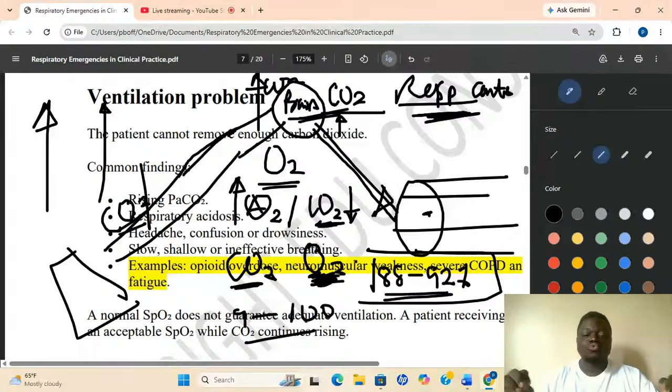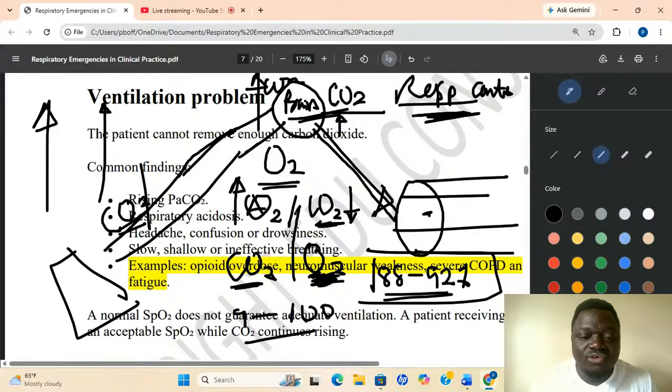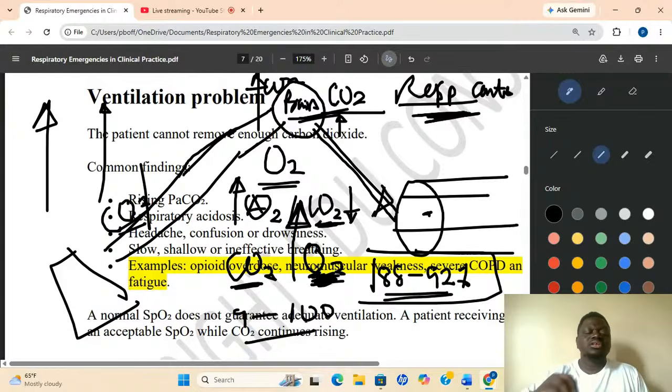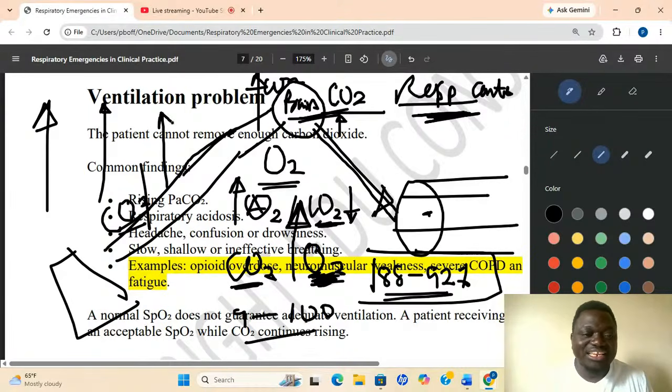Now, a nurse who doesn't know this will go and give higher concentrations of oxygen. You give them a lot of oxygen, and now you have increased the oxygen concentration in the blood.